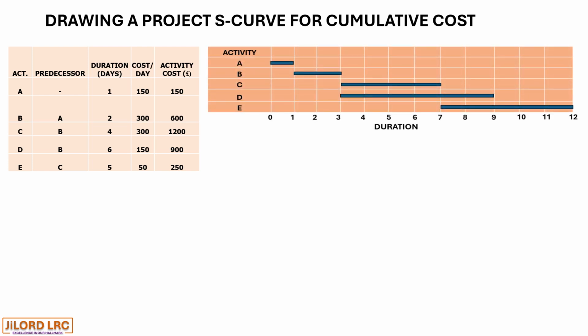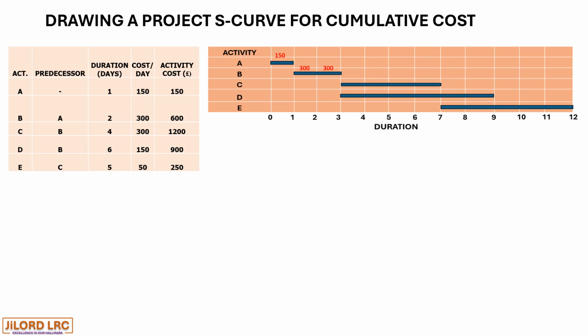We will now indicate the cost of each activity for each day. So for activity A, we have 150. For activity B, we have 300 per day, giving us a total of 600.